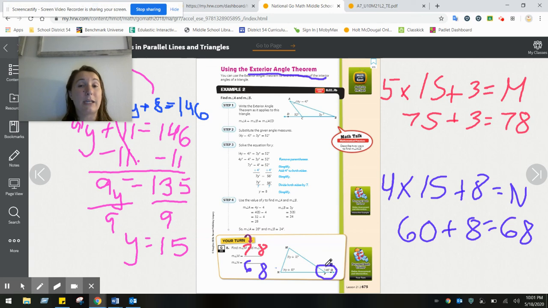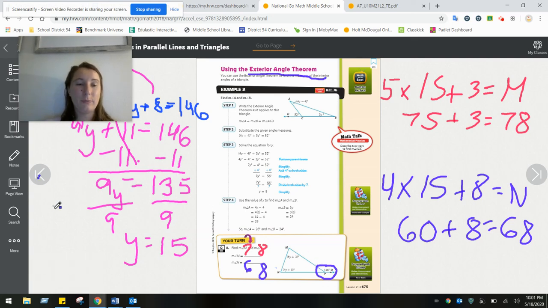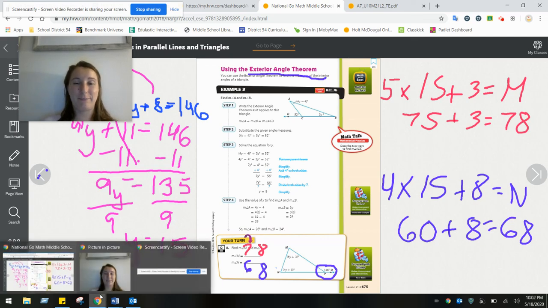So you have two theorems here. The exterior angle theorem that says these two remote interior angles equal the exterior angle, which makes it really easy to find the missing interior angle. Or you have the triangle sum theorem, which says that all three angles added together make 180 degrees.